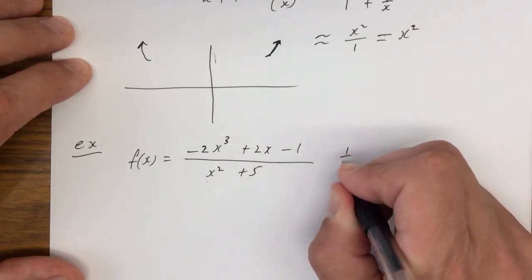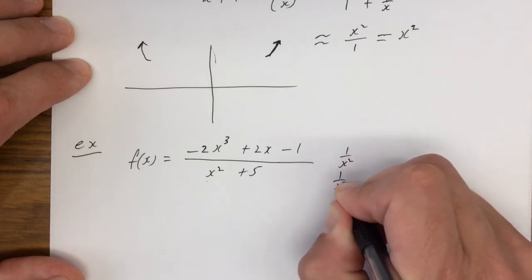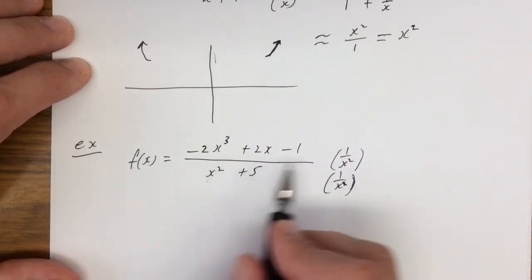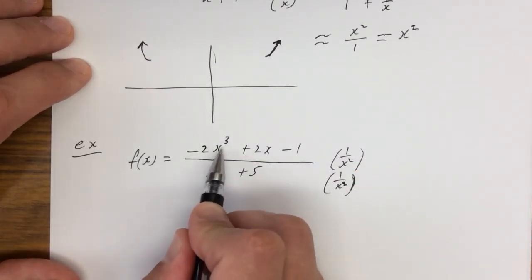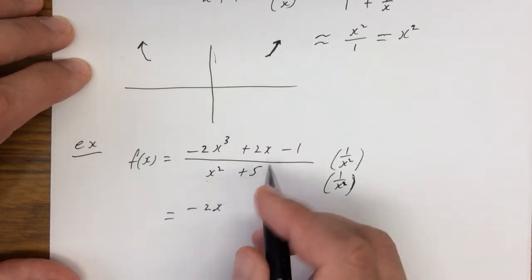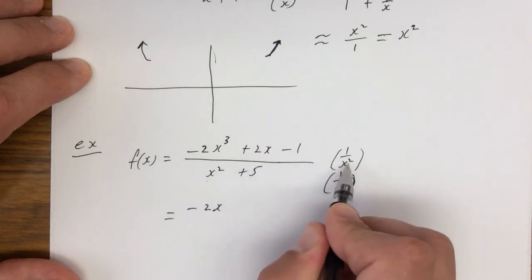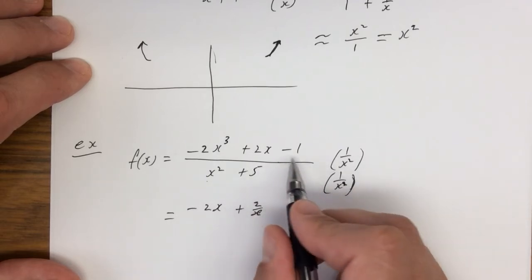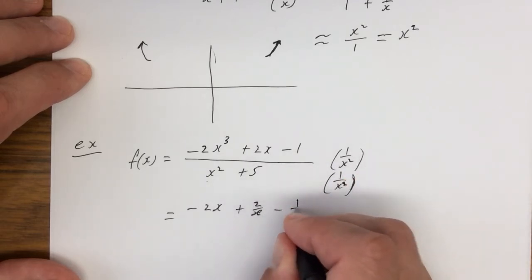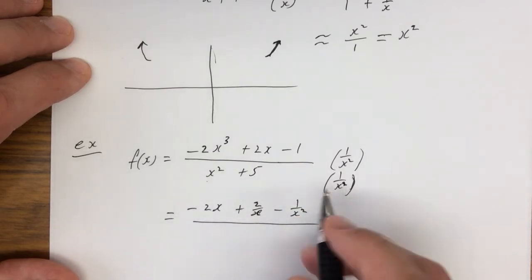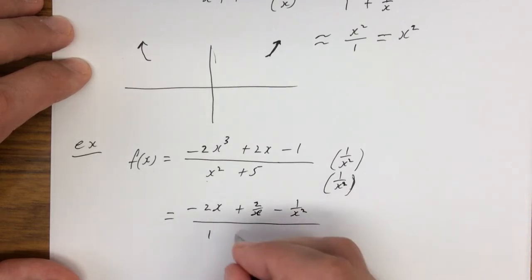We're going to multiply it by 1 over x squared on the top and the bottom. And 1 over x squared times negative 2x cubed is going to equal negative 2x. This times 2x over x squared is going to be plus 2 over x, negative 1 over x squared. Okay, and then x squared times 1 over x squared is 1, and then plus 5 over x squared.